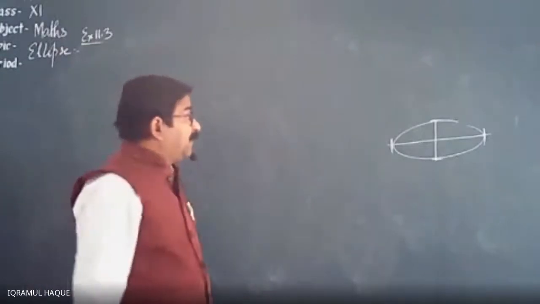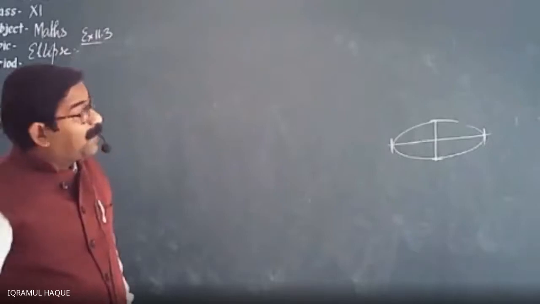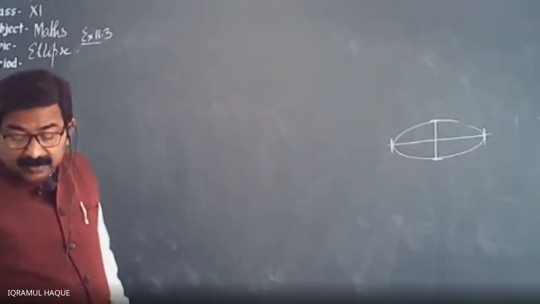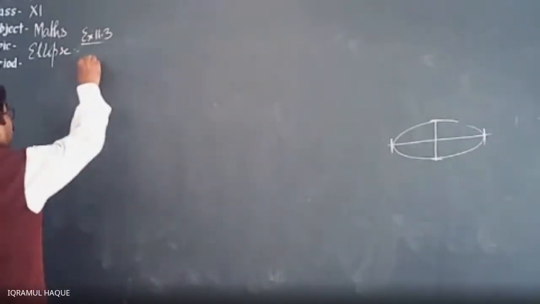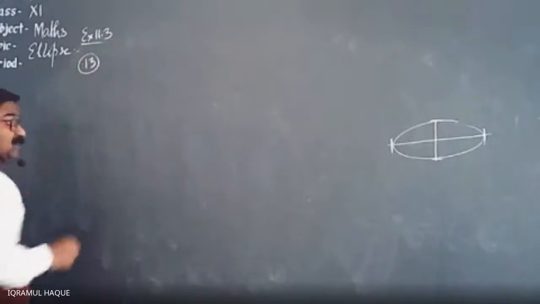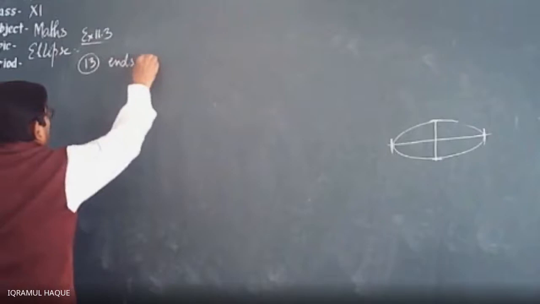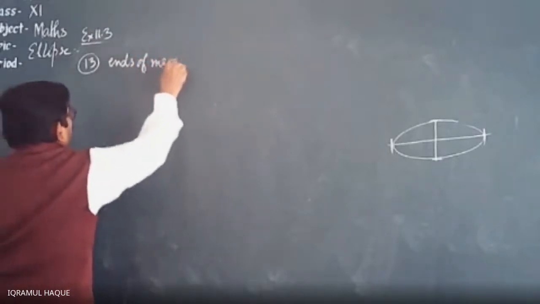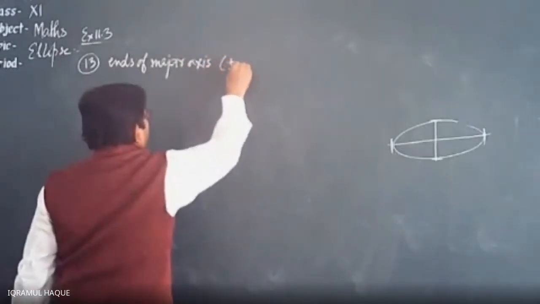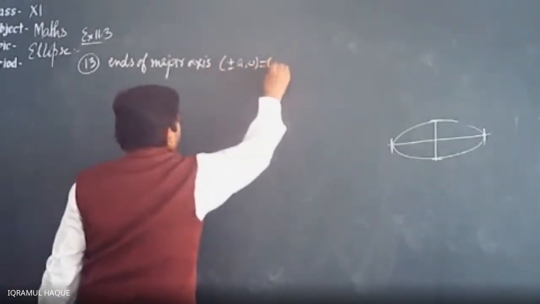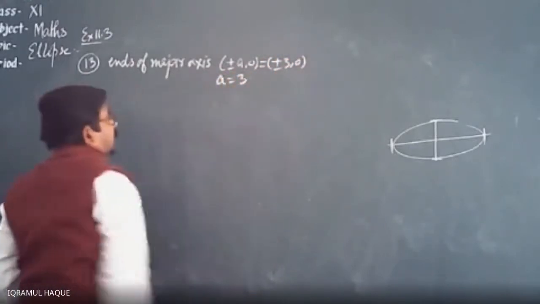We are given the ends of the major axis, that is plus minus a, 0. In the 13th question, the ends of the major axis are plus minus 3, 0. So we have a is equal to 3.